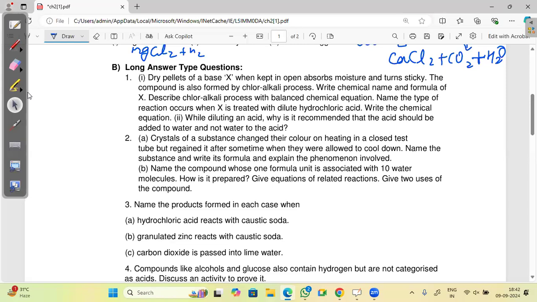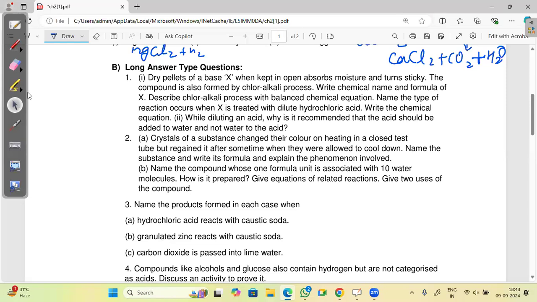Yes, it is copper sulfate. So what is this phenomenon known as? Crystallization, or you can say hydration.